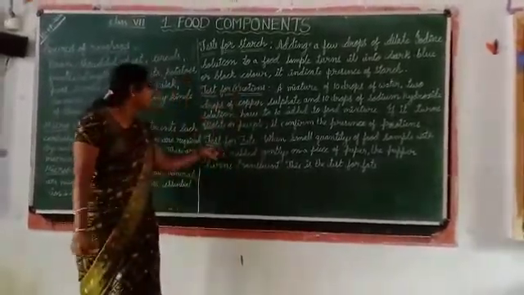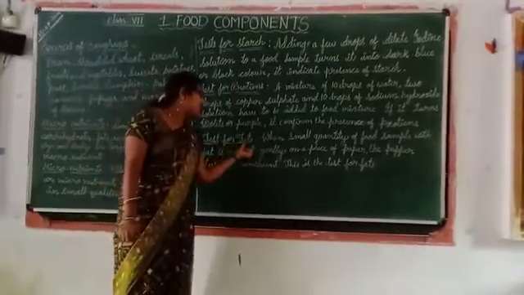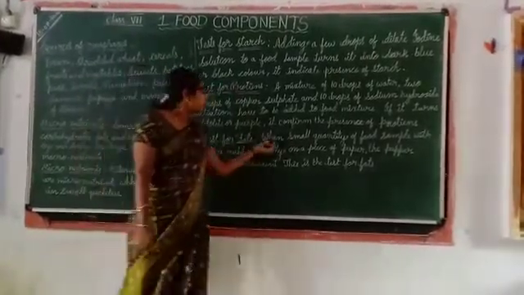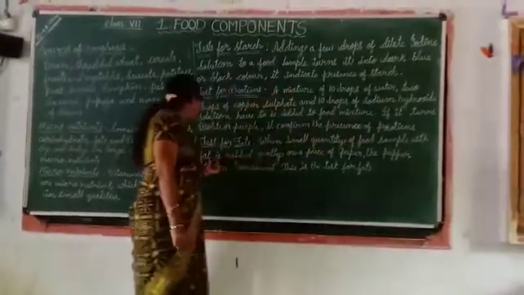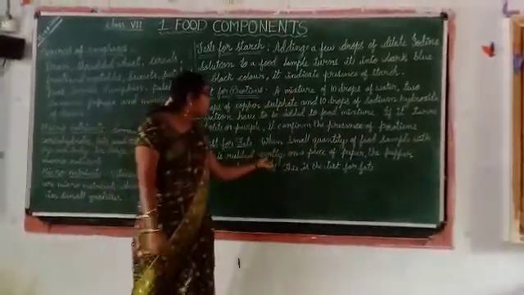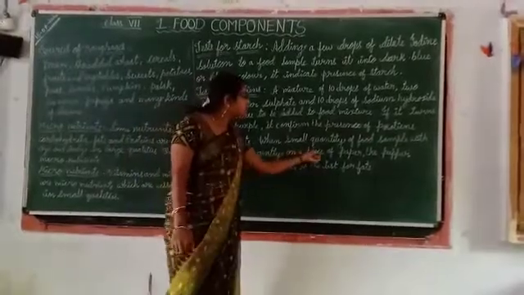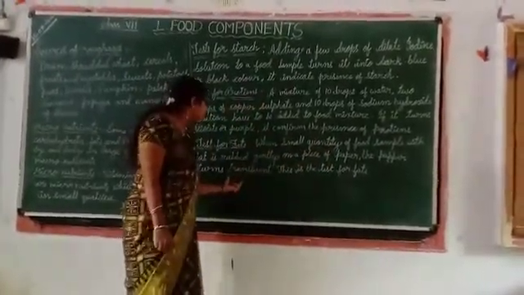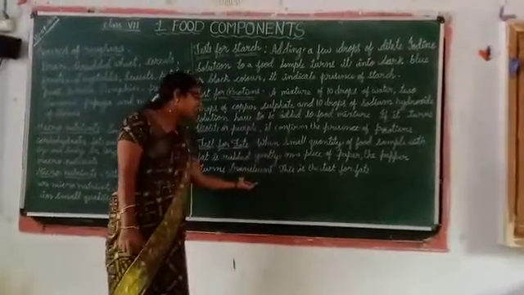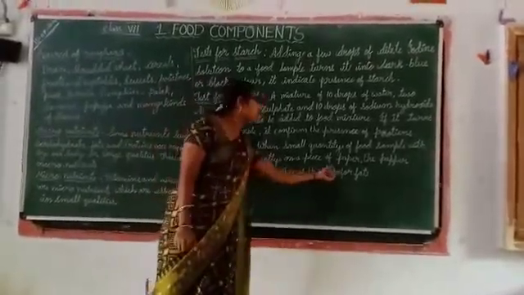And the next one is the test for fats. Okay children, fats. When a small quantity of food sample with fat is rubbed gently on a piece of paper, the paper turns translucent. Okay, so this is the test for fats.